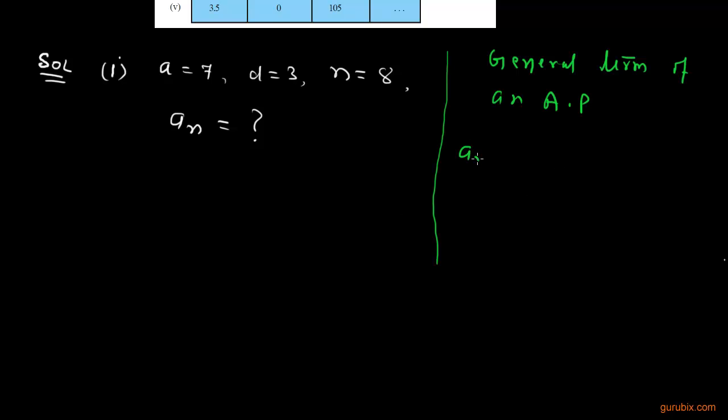This is AN equals A plus N minus 1 dot D. Here AN is the nth term, A is the first term, N is the number of terms, and D is the common difference. This is called the general term of the AP, and we can be asked to find any one of these 4 variables, A, D, N and AN, and 3 variables should be given to you.